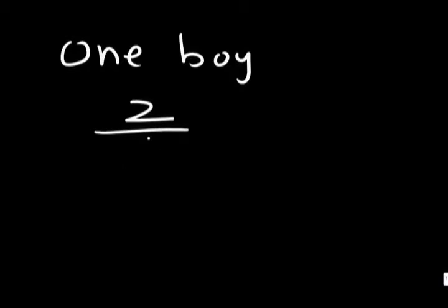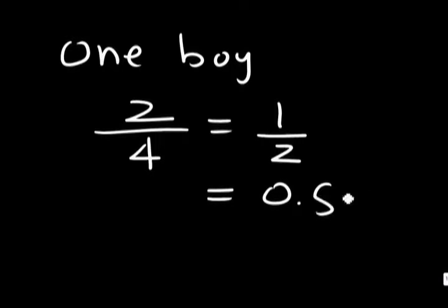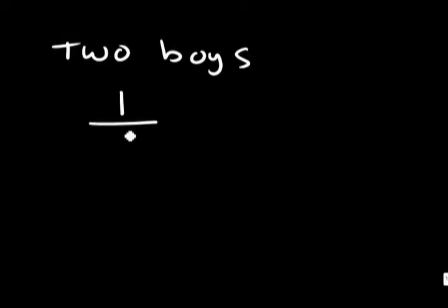For having one boy, the 2 outcomes out of the 4 possible outcomes, which is 1/2. Numerically, the answer is 0.5. Having 2 boys, there is one outcome out of the 4 possible outcomes, which we've seen is 0.25 numerically.